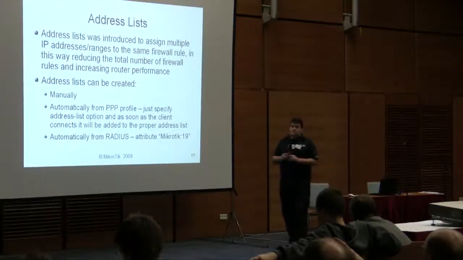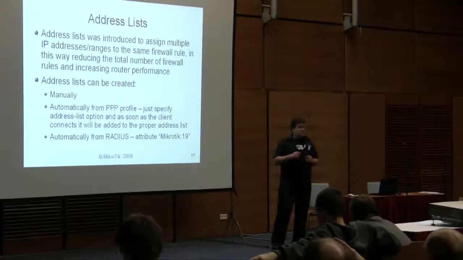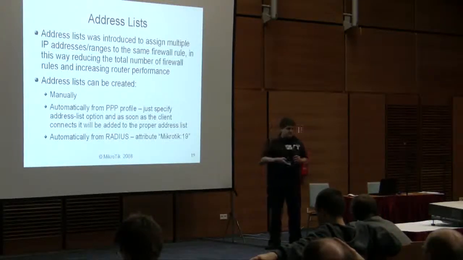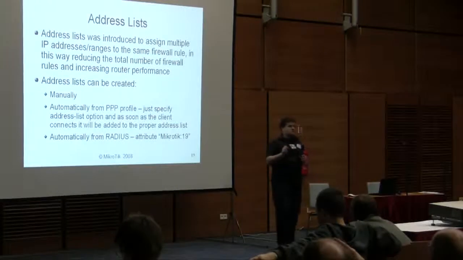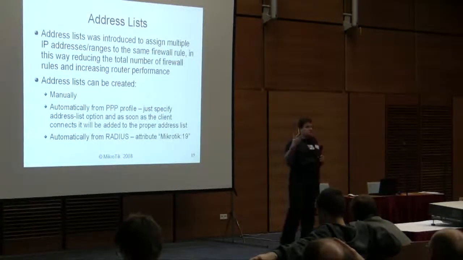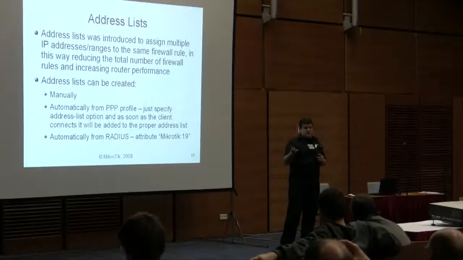So there are 3 ways now in the latest versions how you can create your mangle rules. One, of course, is manually, the easiest way. Then we got a lot of complaints from guys who have big PPPoE servers, and they of course make a limitation automatically and have 1 simple queue per client.